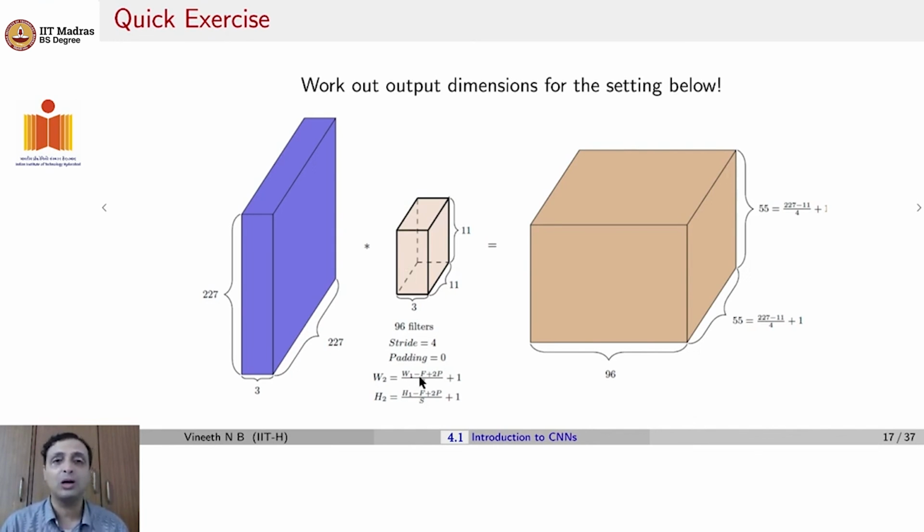In a feed-forward neural network, the number of weights gets decided by the number of hidden layers and the neurons in each hidden layer. And here it's the reverse. You decide the number of weights and the output map gets decided. We'll explain this in more detail as we go forward now.